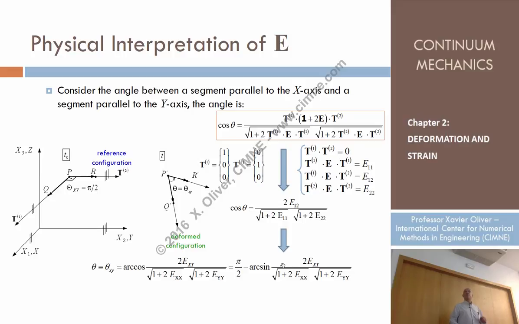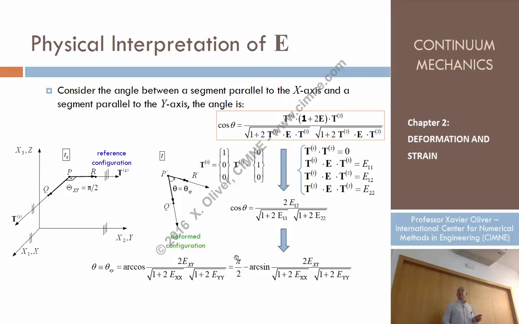Why this? Because that's more comfortable for what is coming. Let's talk about the increment of the angle. So the angle that initially was pi over 2 finally goes to that angle. Okay? What is the increment of the angle? It's the difference of theta minus pi over 2.